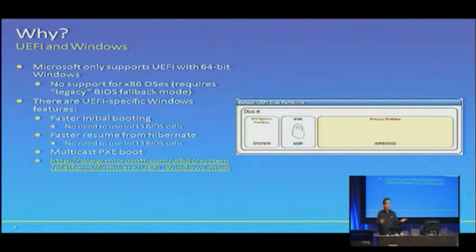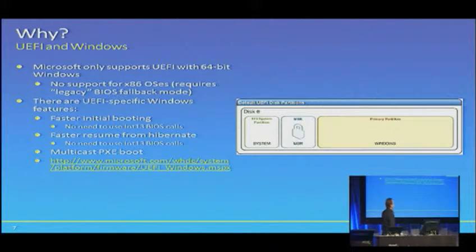That basically means every time it asks for a block of data from the disk, it has to go through multiple layers of thunking software to get down to that legacy 16-bit garbage in order to ask for a block of data. Once you move to EFI, everything moves to native 64-bit, native support for the underlying hardware. It's much faster to read that data from the disk using those native 64-bit calls.